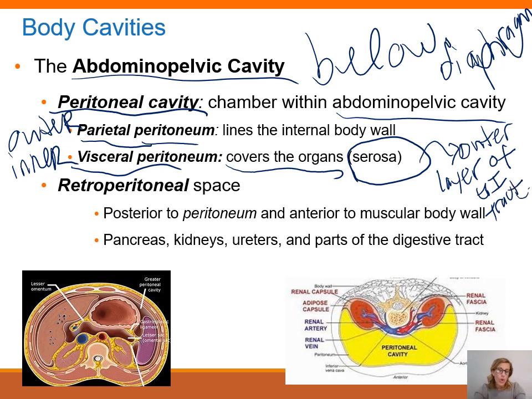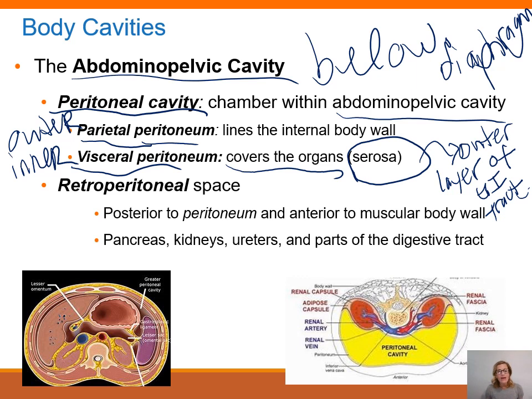Now, of course, this is only present in parts of the digestive tract that are down in the peritoneal cavity. So parts of the digestive tract, like the esophagus, for example, that's up here in the thoracic cavity, do not have this visceral peritoneum or serosa present.